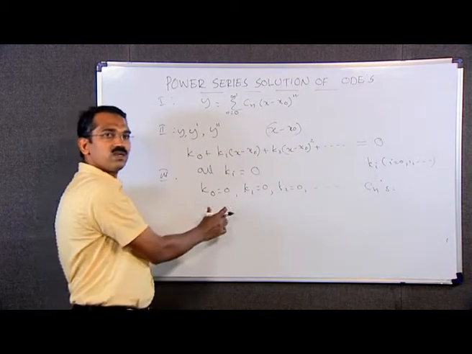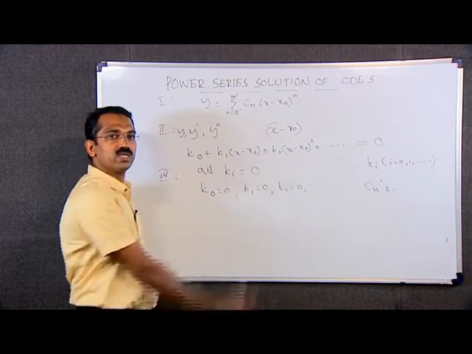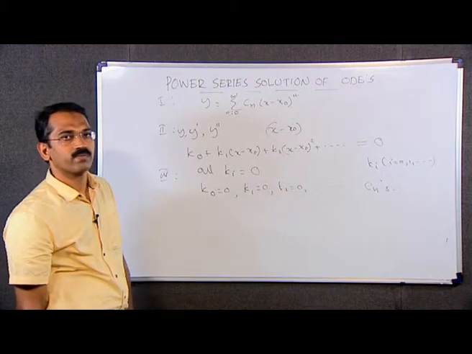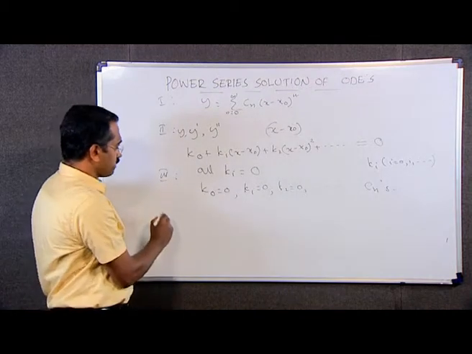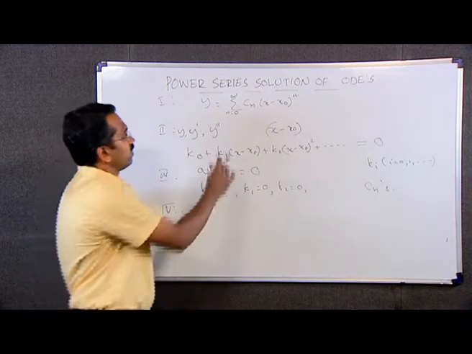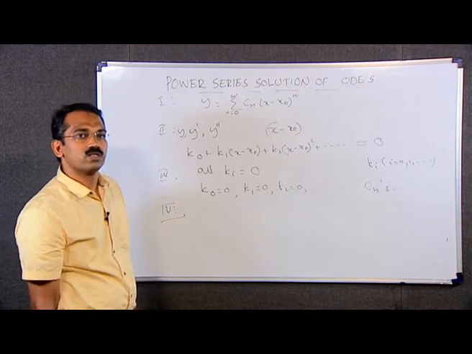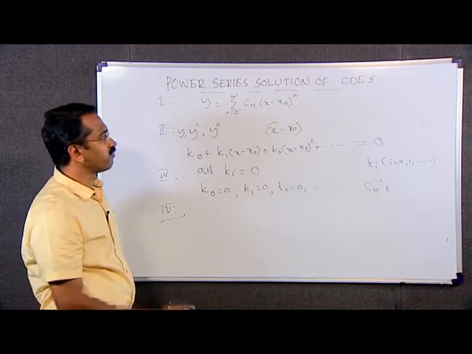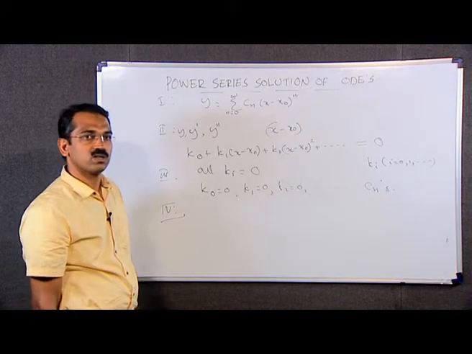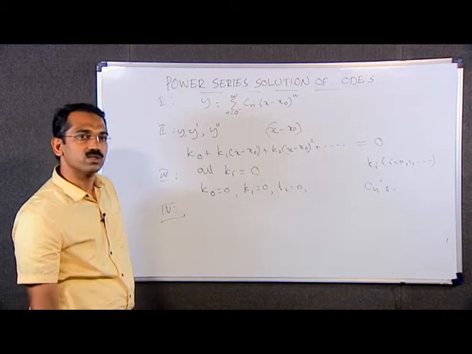The cn's are determined by equating to 0 each power of x minus x0. Then we substitute these cn's in this first expression to get the required power series solution of the given differential equation. These are the steps involved in the power series method.